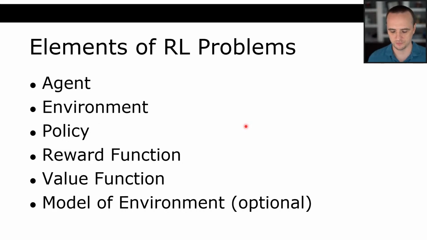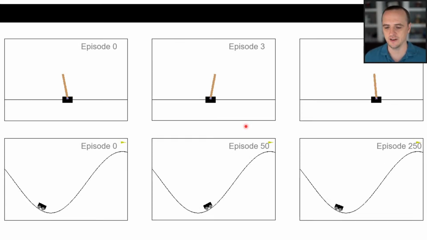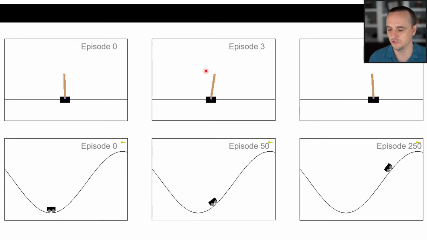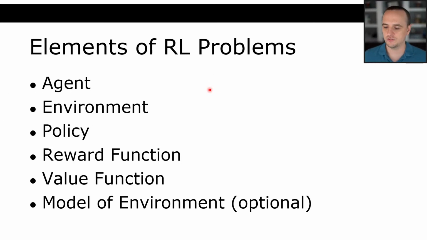So for example, if we are simulating one of these problems, if we have a computer simulation, then we essentially have a model of the environment. That model being the rules and the physics governing what is happening in the world. But we can also apply reinforcement learning to the real world with robotics, because you don't need to know the physics of the simulation in order to perform reinforcement learning.